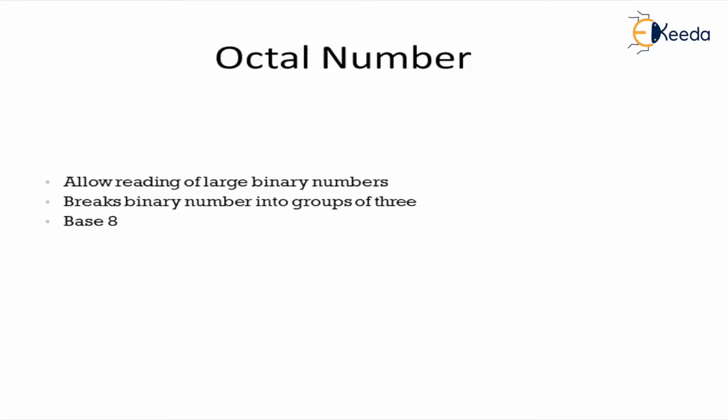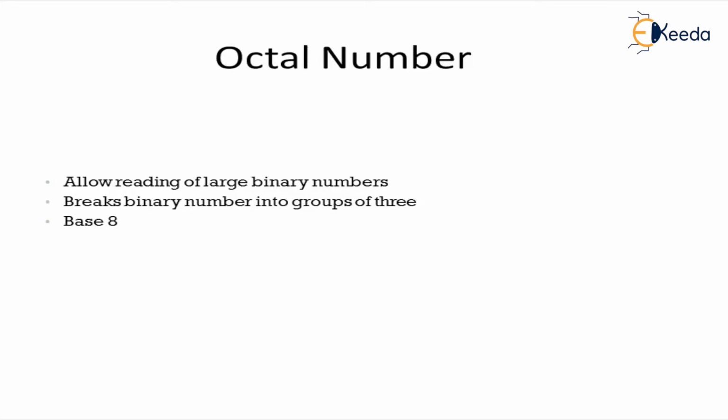Now what do you understand by octal? First of all, understand 0 to 7, that is 8 digits. So octal is an 8-base numbering system. It allows reading of large binary numbers. It breaks binary numbers into groups of 3, and that is called base 8. So that is the meaning of octal. So your numbers are already converted into binary.